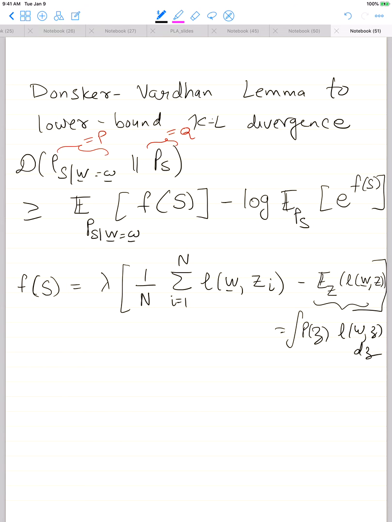So W is some weight vector coming in, and I'm evaluating the expected loss with respect to a distribution Z, which is the same as my training distribution. What is this? E out. Okay, so this quantity is E out of W. What's the first term? Again, W is coming in, and W is what I'm producing from my algorithm after observing S. It's E in.